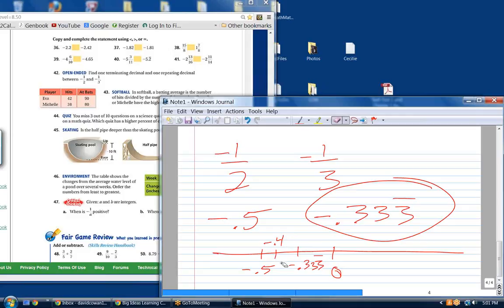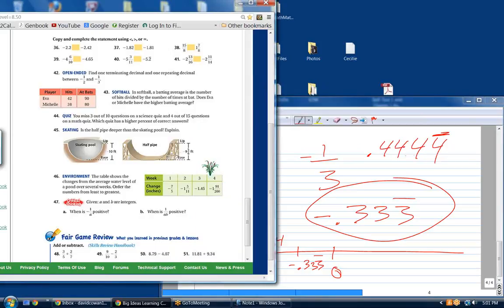What I meant to say was actually 0.4 repeating, 0.444. Good. And that's equal to some fraction. We're not sure what that fraction is, but they don't want it anyway.